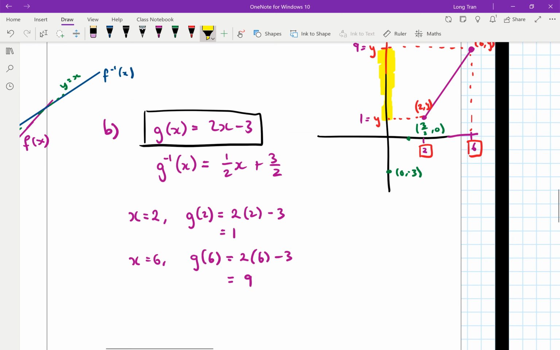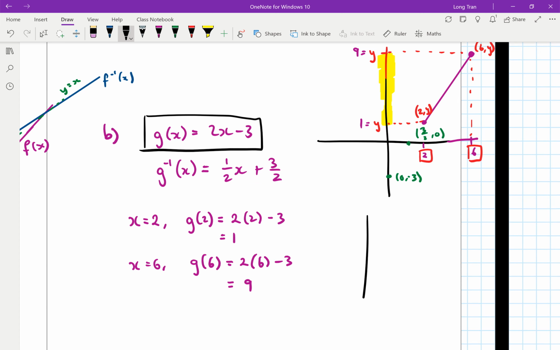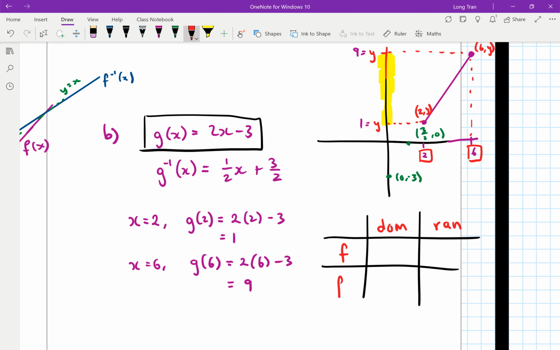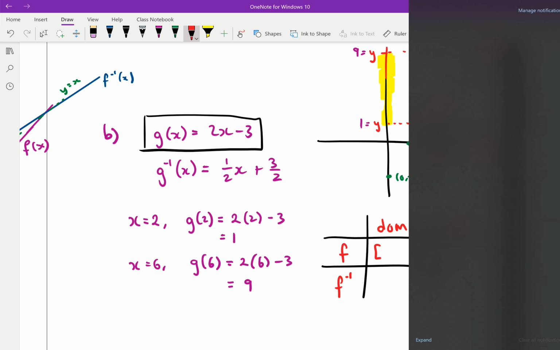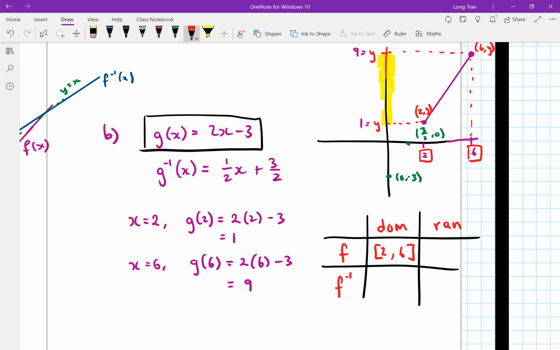So if I were to answer the question, domain and range, here we go. I'm going to write domain and range for my function and then my inverse function. The domain is clearly what they gave us, which is from 2 to 6 inclusive. And the range we found out was from 1 to 9.